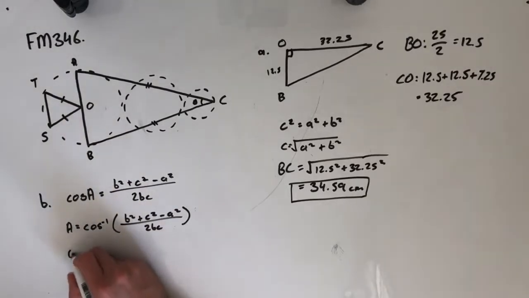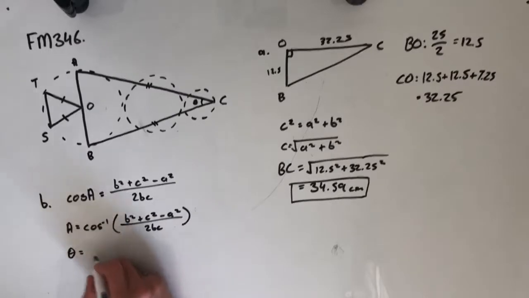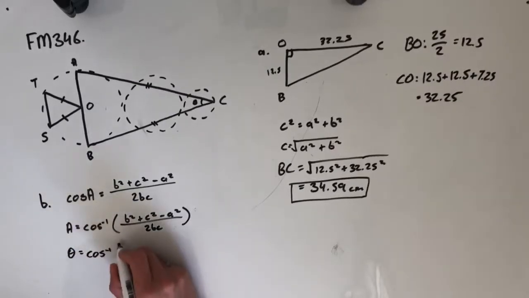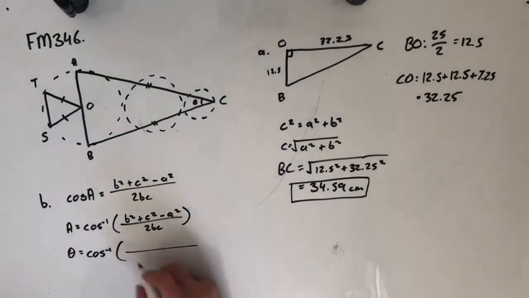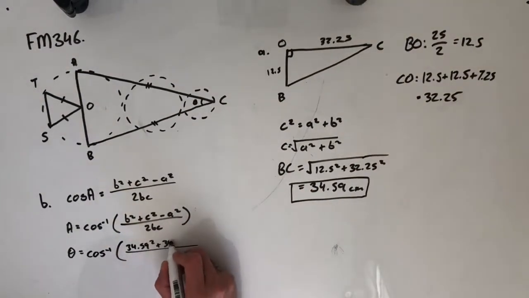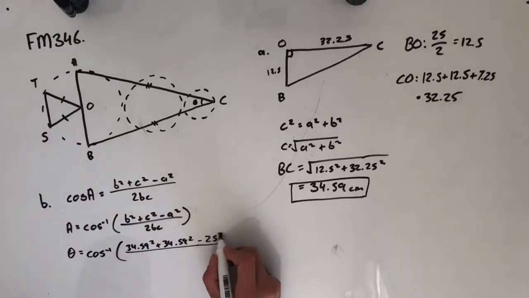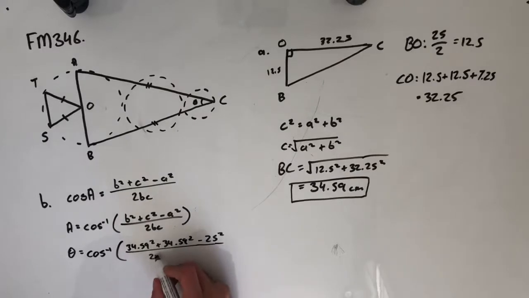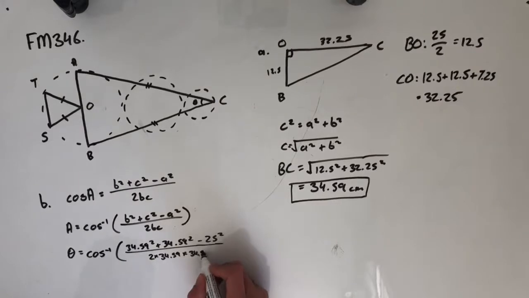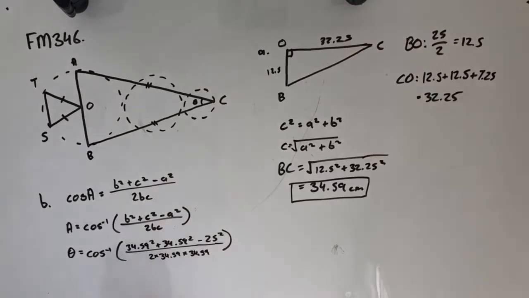So we're going to replace our unknown angle with theta. And we've got cos to the power of -1 of 34.59 squared plus 34.59 squared minus 25 squared, all over 2 times 34.59 times 34.59. Plugging that all into a calculator should drop out an answer rounded to 1 decimal place of 42.4 degrees.